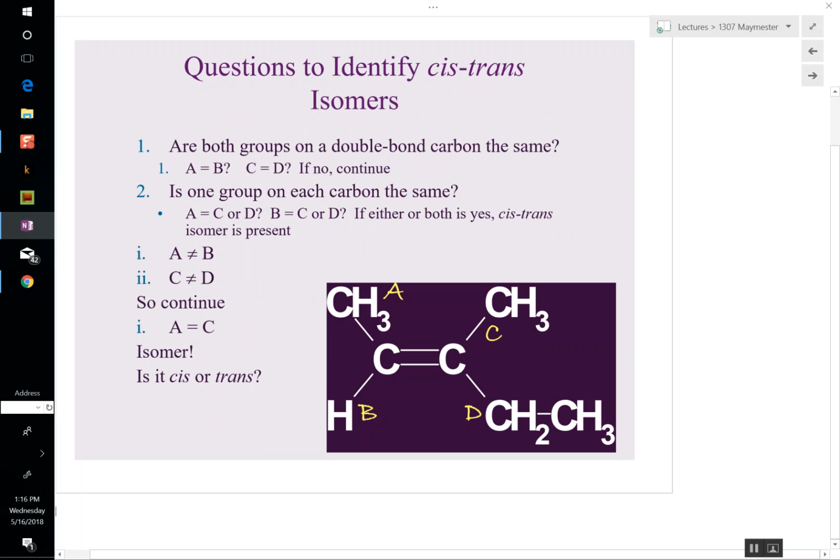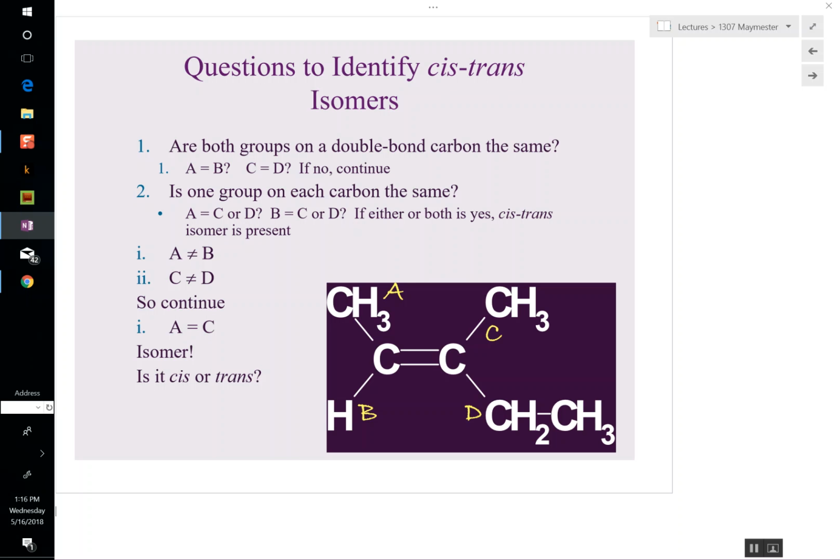Okay, here are the rules. We're going to ask 3 questions, and if you get a yes for any one of the questions, you're done. You don't need cis or trans in the name. Okay?